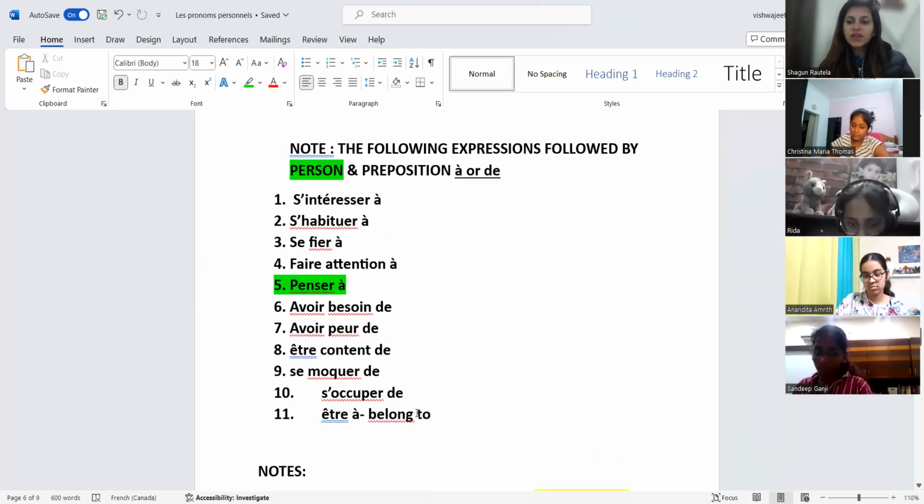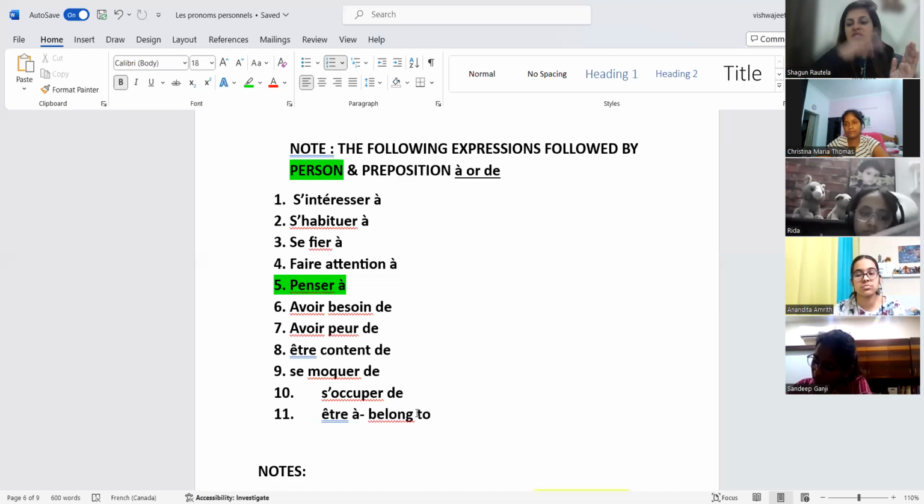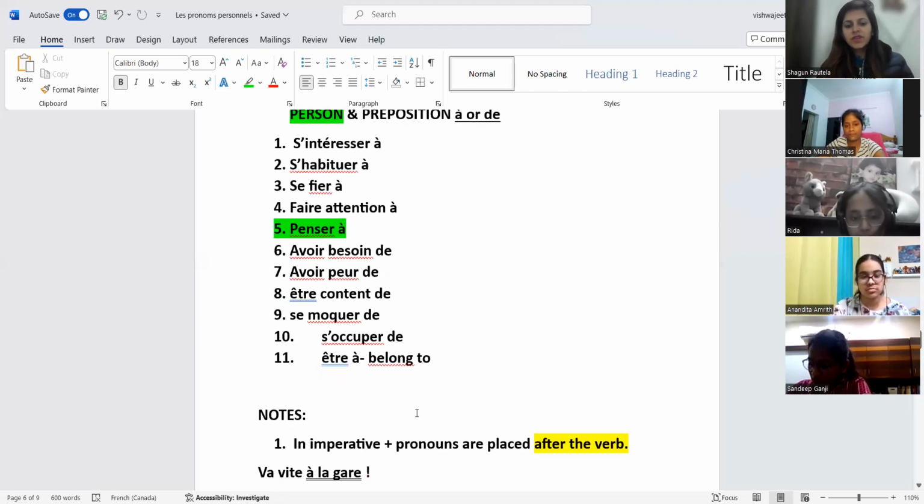Can we start with imperative? Yes, ma'am. Okay, what is happening in imperative? In simple, I'll just share. Imperative has two sides, positive and negative. Whenever it is positive, pronouns will always be, guess, pronouns will always be written after the verb. After the verb. Okay, like my first sentence.